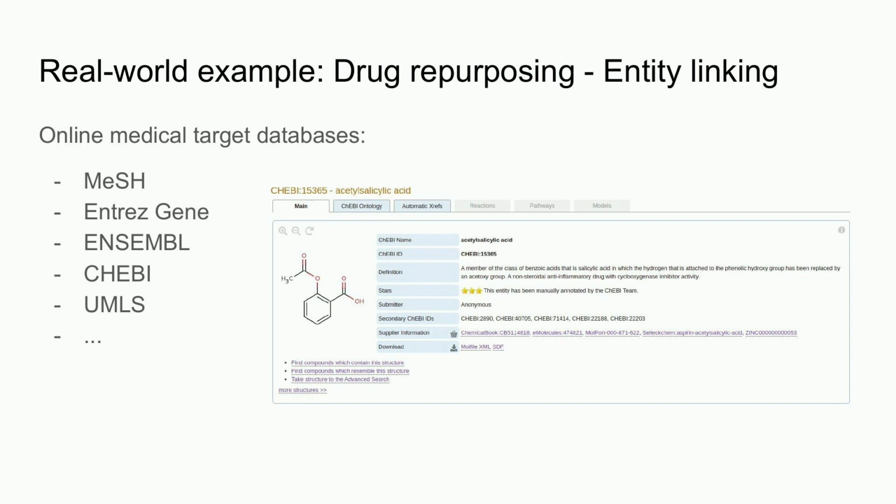So this time you wouldn't use Wikipedia as the target database, but there are many online medical target databases that you could use. Like you could use UniProt or Ensembl database to map genes to their corresponding IDs in the target database. There's also ChEBI, I don't know how it's pronounced, for chemical substances.